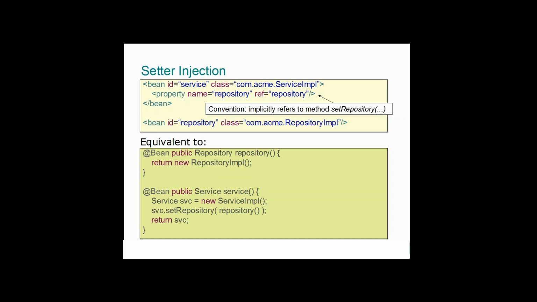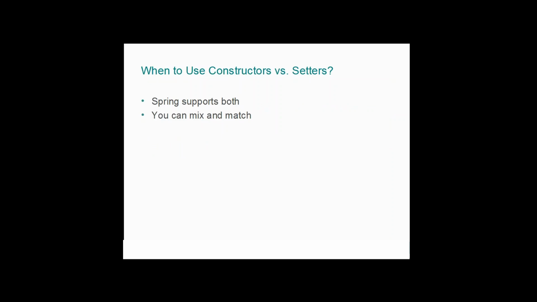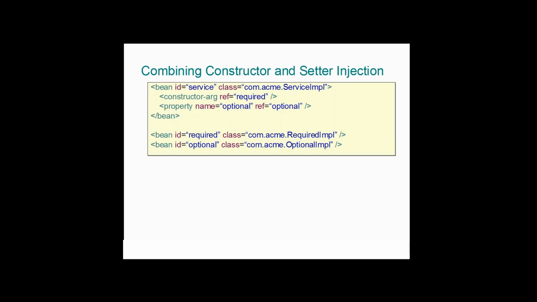Spring supports both constructor dependency injection and setter dependency injection using XML, and you can mix and match both of them. You can use constructor-arg and property. This is the constructor-arg with a reference to another bean ID, and this is for a setter.